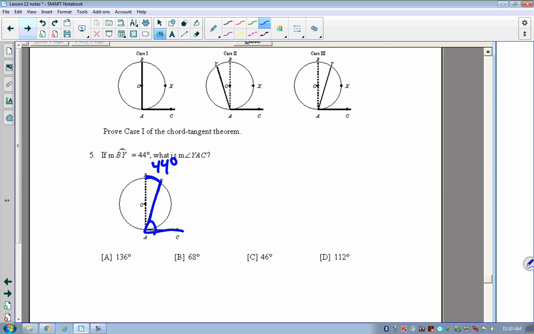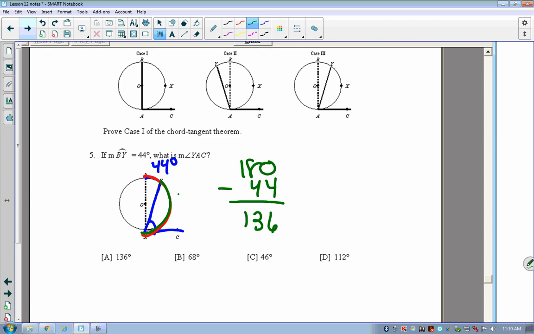So there's a couple of easy steps to this. What is all of this? 180 degrees. But what then is just that? 180 minus 44, 136.